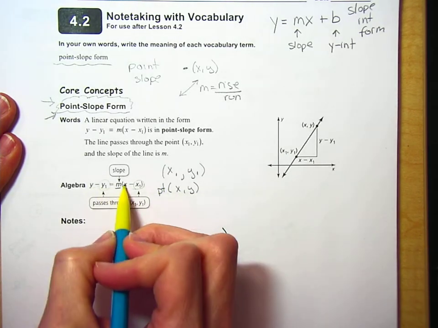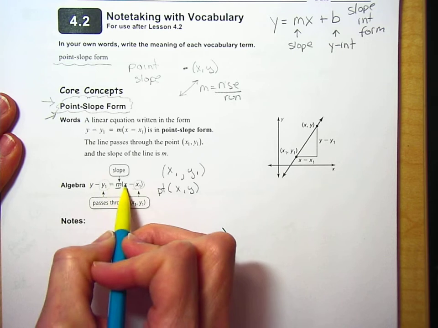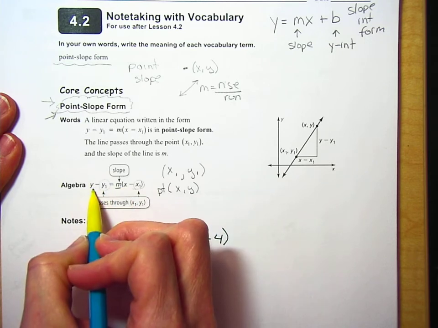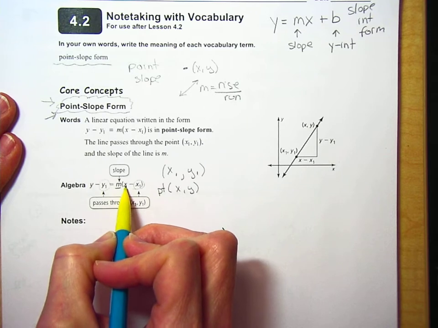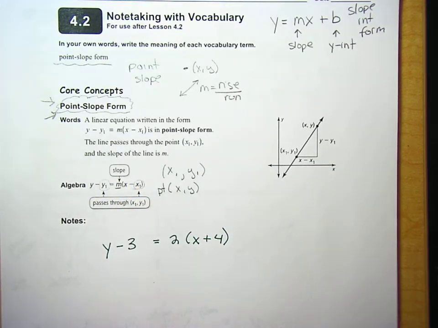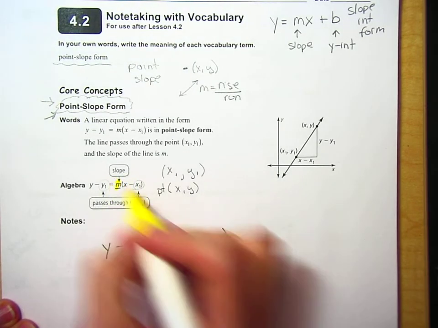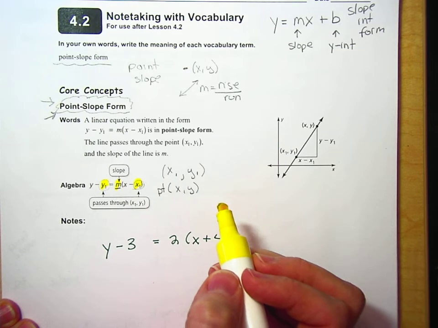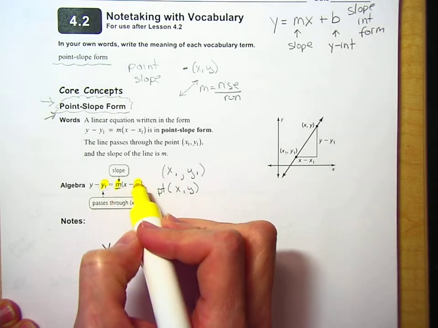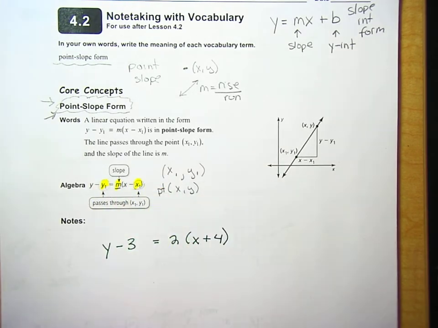The x and y without the subscript are going to stay right there. When you write the equation of this line, you're going to have an x and a y in it. The parts that you are going to fill in numbers are the m, the x1, and the y1. So you're going to have your point and your slope.